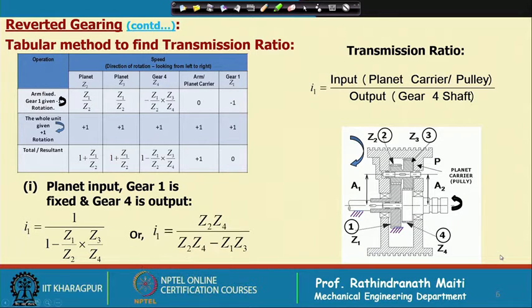And if we equate, we find I1, the transmission ratio for arrangement 1, is Z2 Z4 divided by Z2 into Z4 minus Z1 into Z3. So, type 1 we get this one, we should remember this formula, or it is not difficult to find out also, and here it is shown what will be the arrangement.